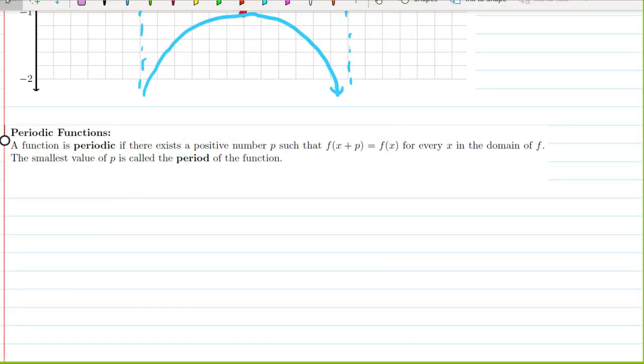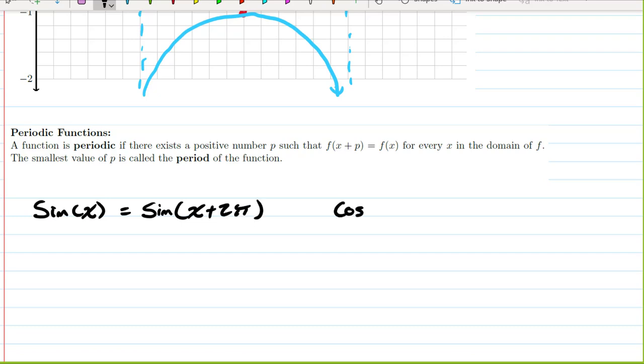So it's worth noting that the sine of x is the same as the sine of x plus 2 pi. And we get the same thing for cosine. Cosine x is equal to the cosine of x plus 2 pi.